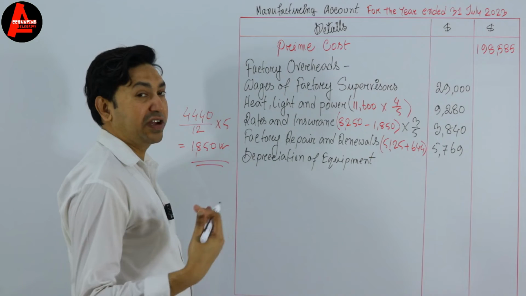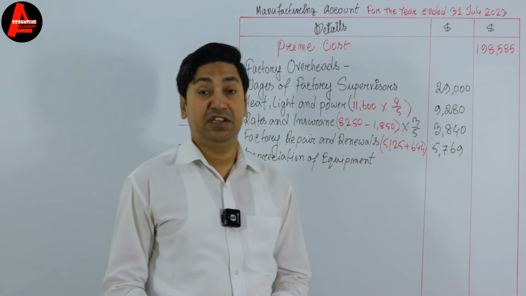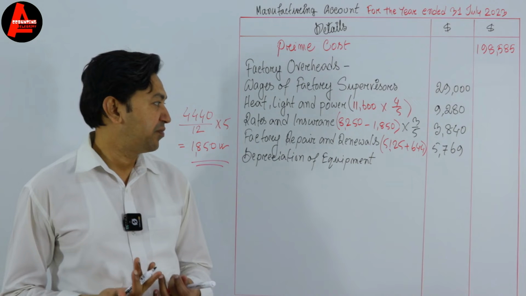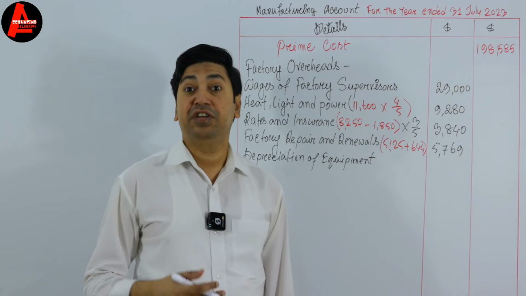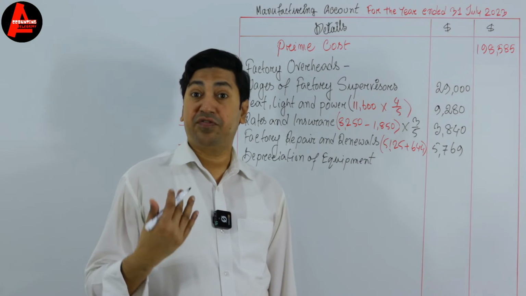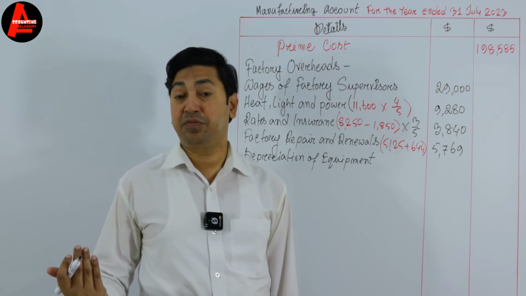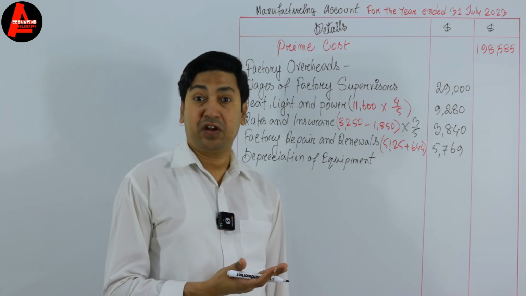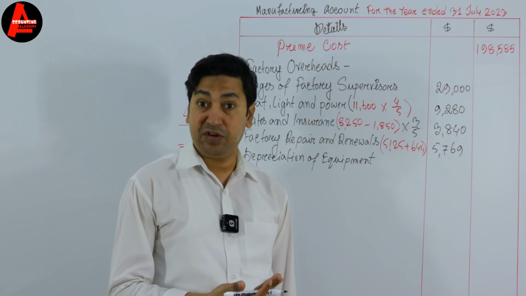Okay, so here it is written clearly on the question, this business used reducing balance method to figure out the depreciation. So how does the reducing balance method work? First of all, we need to subtract the previous year depreciation from the cost of the non-current asset. Here it is equipment.